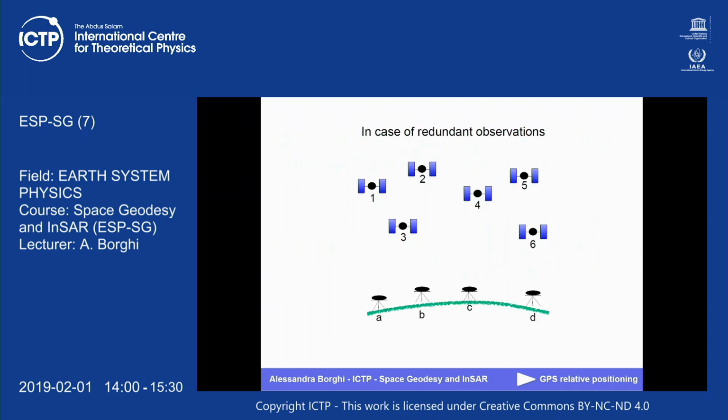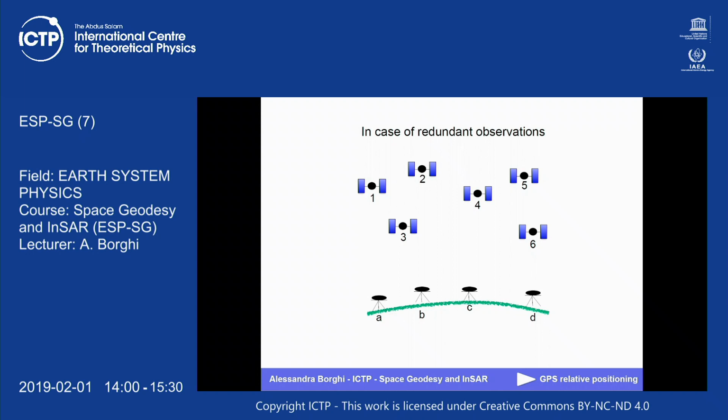There are different approaches. This is for 2 stations, but often we have a network of stations with a lot of receivers that are working simultaneously, and they are observing a given number of common satellites.